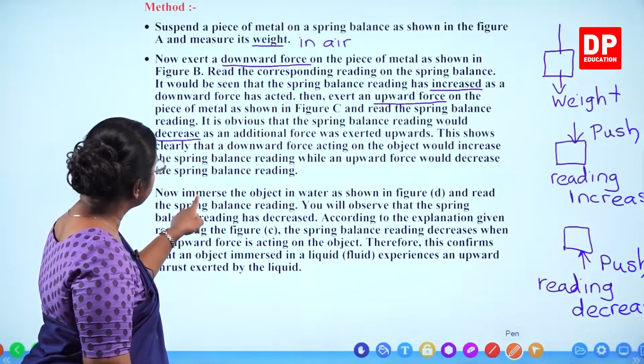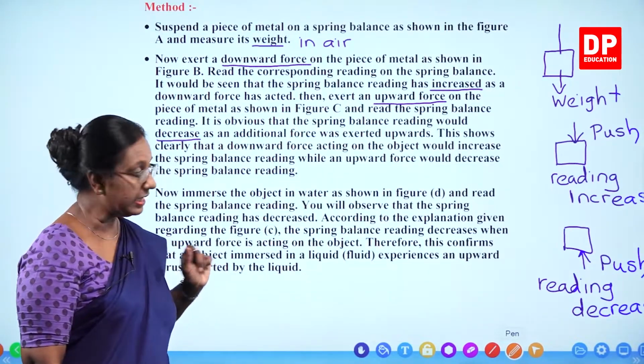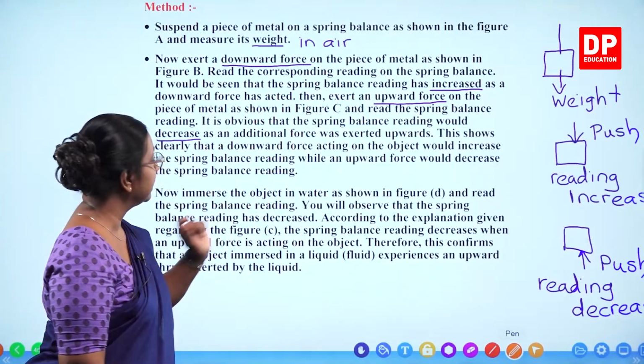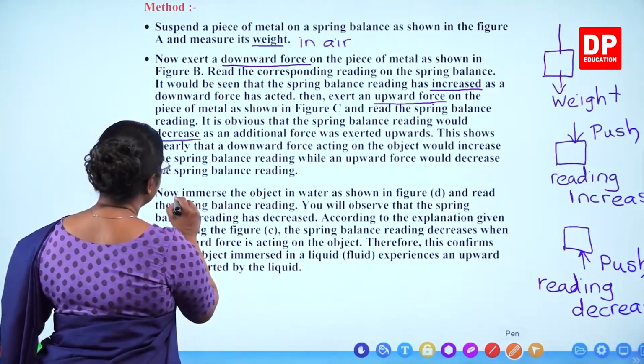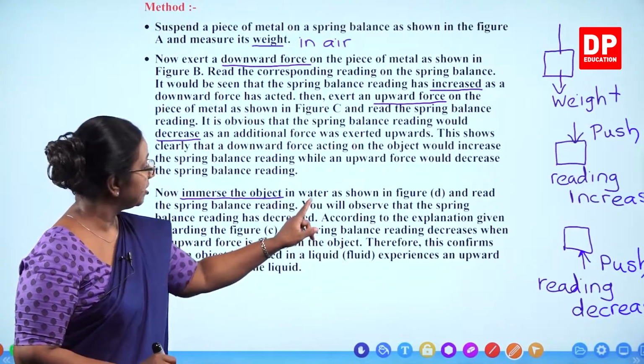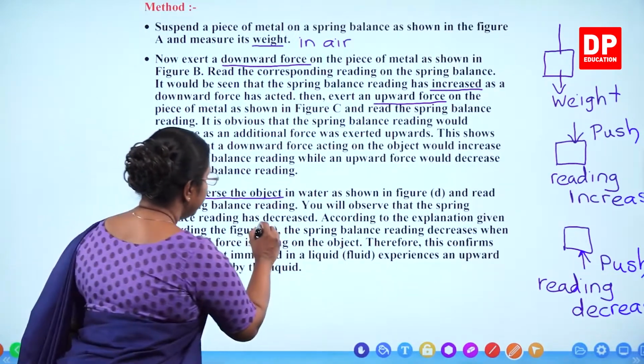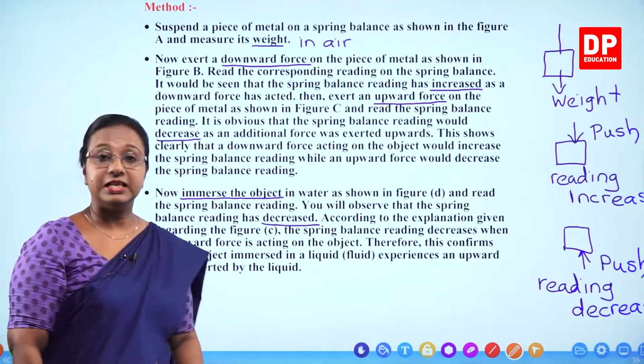Now, immerse the object in water as shown in figure D and read the spring balance reading. So here, the object is immersed in water. You will observe that the spring balance reading has decreased. So here also the reading decreases.